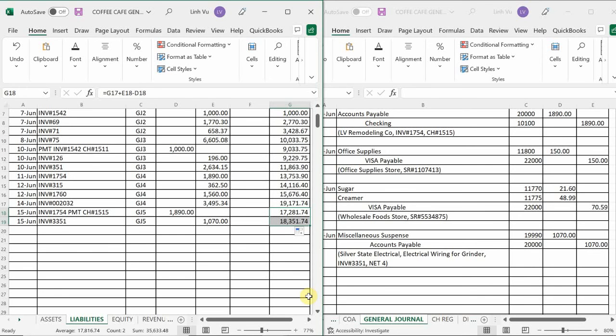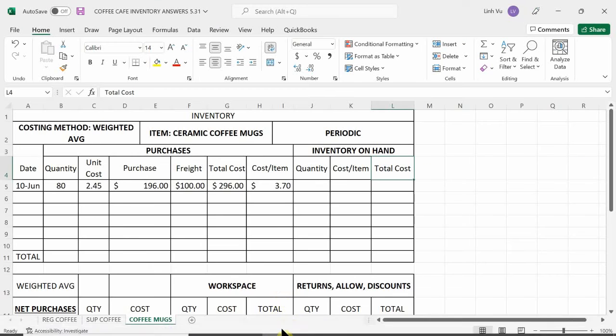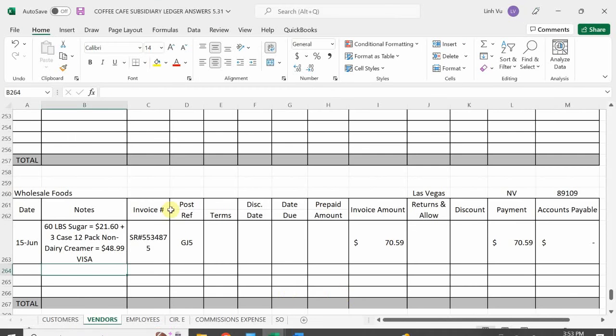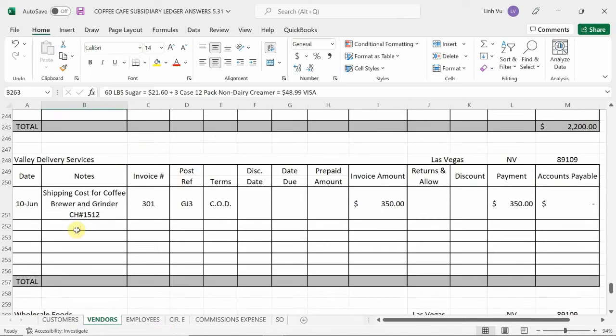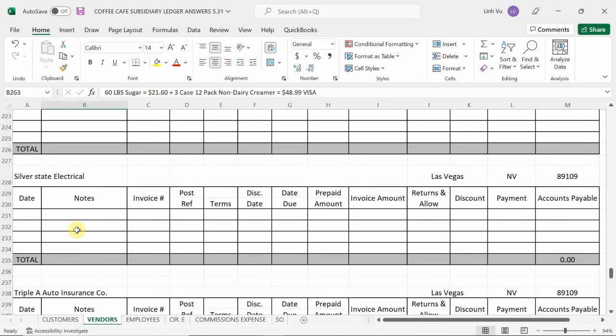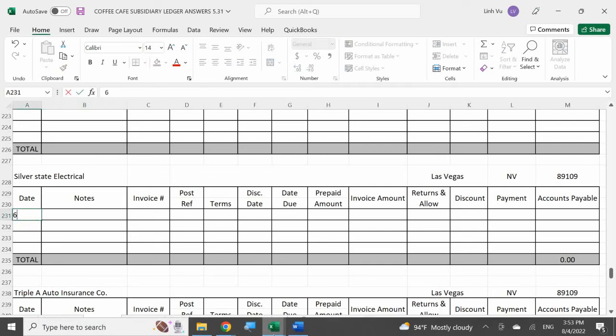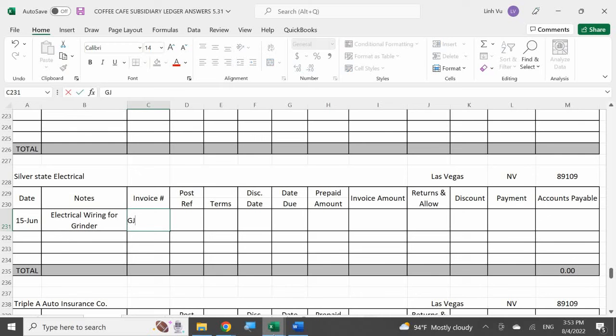And then go to the subsidiary ledger. Okay. Subledger. Find Silver State. And in the notes, I would put electrical wiring for grinder. The invoice is 3351.